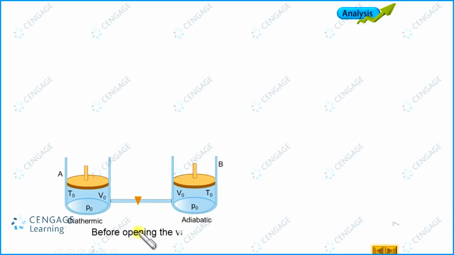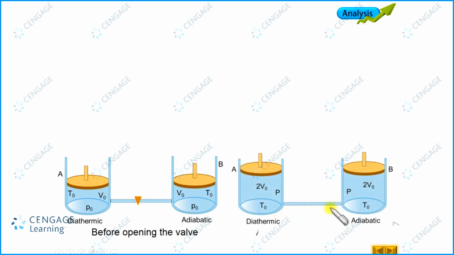Suppose this is the initial situation before opening the valve. This container was separated from this container. Now if we open the valve, this container will be in contact with this container. Now this container is no more adiabatic because this is connected with this diathermic container, and the diathermic container can exchange heat with the surrounding, right?